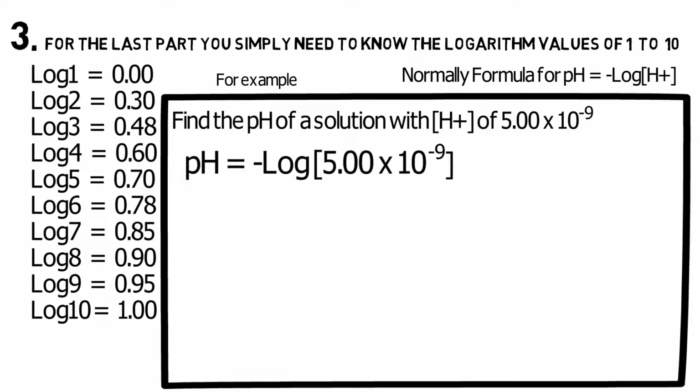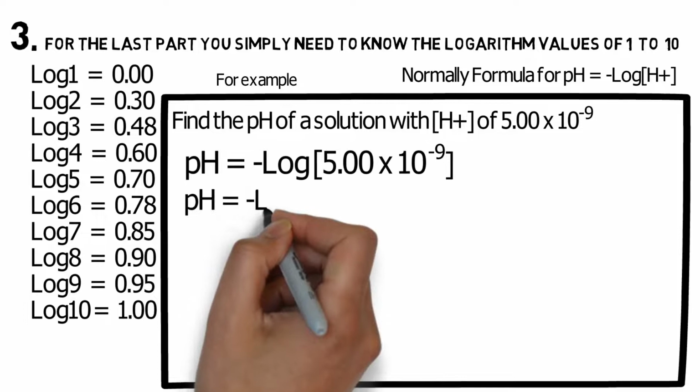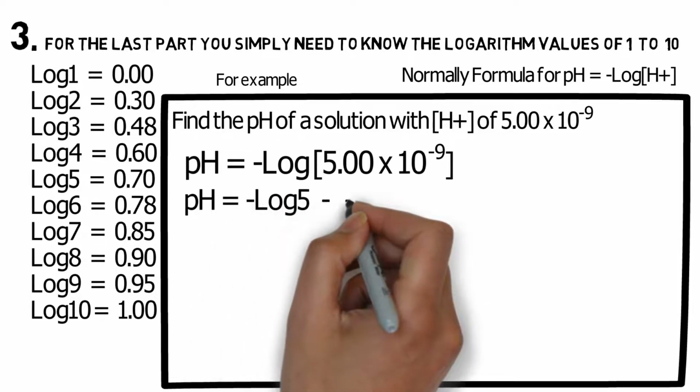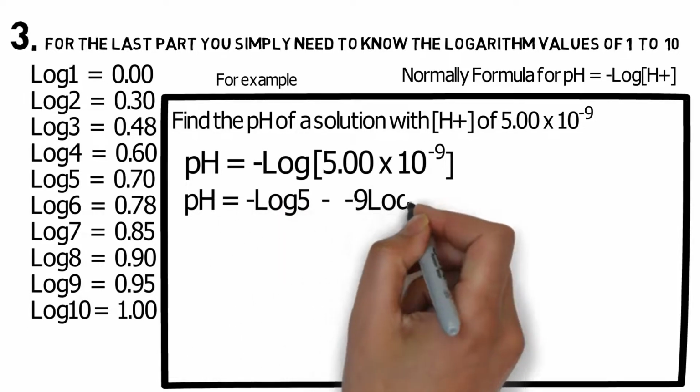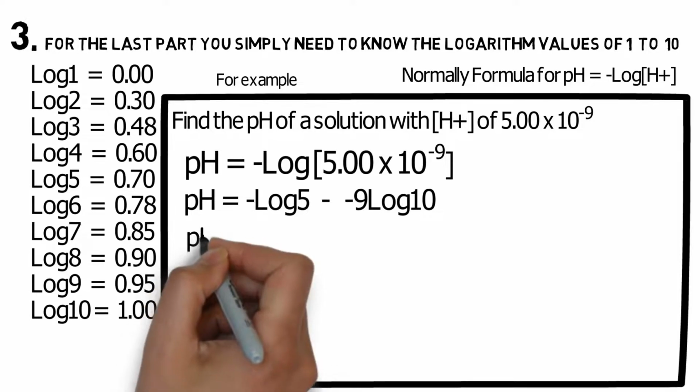Now we use log to multiply figures inside the bracket. We're going to have minus log 5, minus, which comes from the minus 9, and minus, which comes from the log, so we're going to have minus 9 log 10.